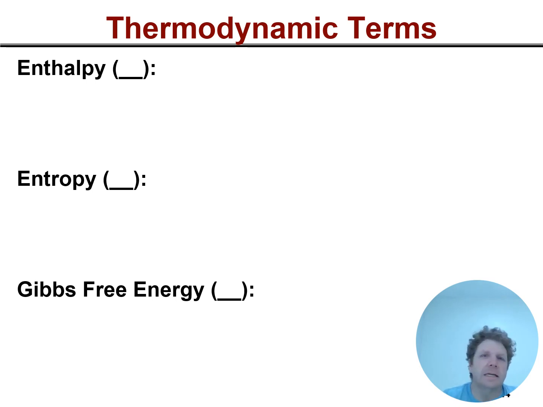Now, that is an increase in disorder, and that is best described as an increase in entropy. So entropy is a system which becomes more disordered. Entropy is denoted as delta S, and that is sometimes almost counterintuitive, because people will hear, oh, it becomes more ordered, that's a good thing.